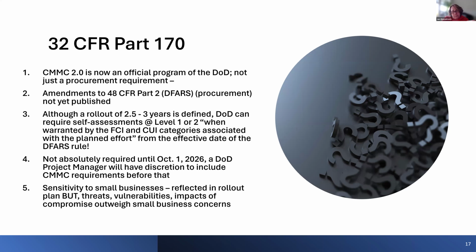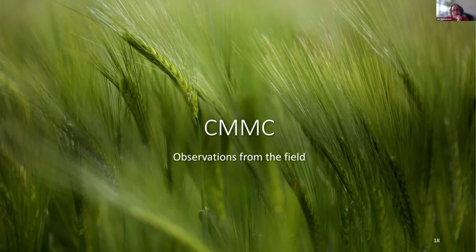A project manager could be a contract manager or procurement officer, depending on what they're called in the various agencies. There's a lot of discretion about including CMMC requirements before that. In fact, almost all of our clients already have a CMMC requirement, and it's not even in effect yet. So they tried, but you would argue that they didn't do very well.